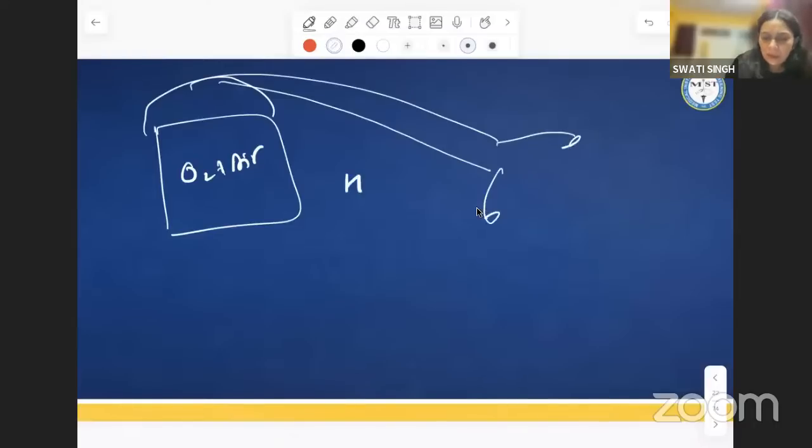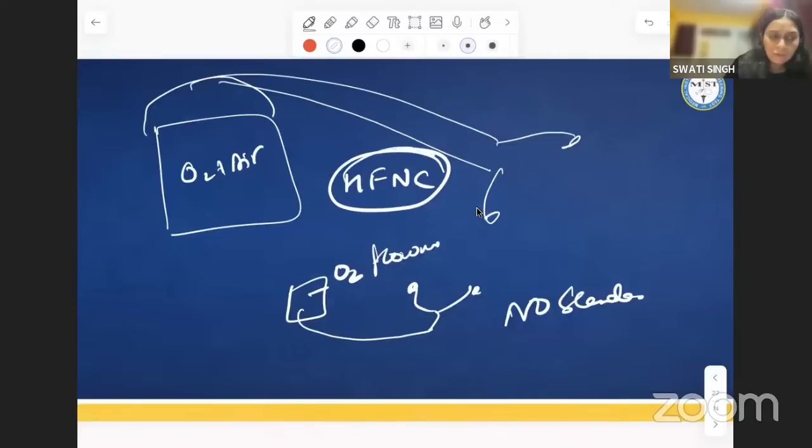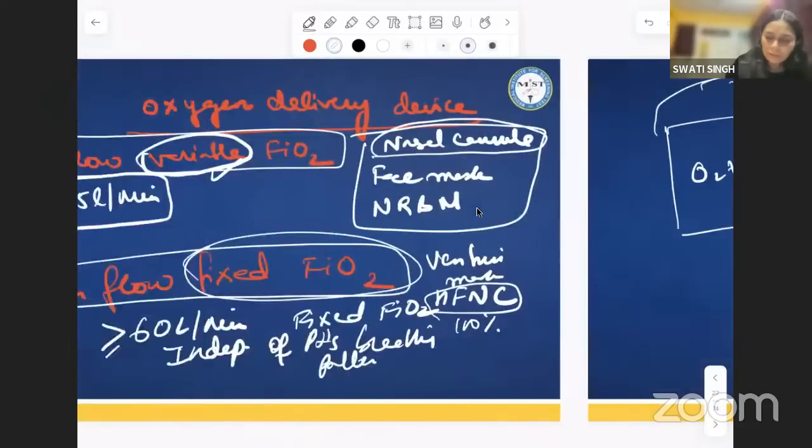This is high flow nasal cannula. Normal nasal cannula is just two prongs in both nostrils connected to the oxygen flow meter, nothing else. So it doesn't have a blender. There is no blender in a normal conventional nasal cannula. This high flow nasal cannula is based on the blending system. Got my point? It is a blender. So keep it in mind.